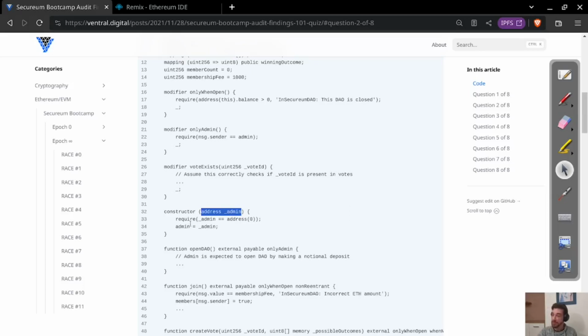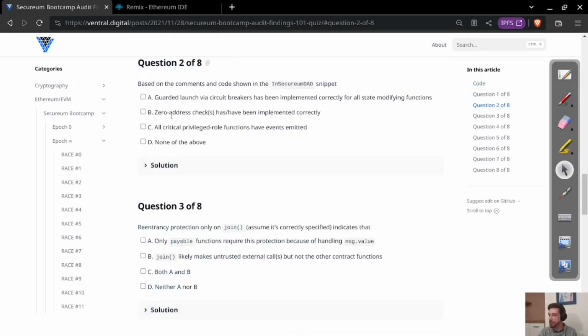And well, yes, it has a require which checks for the zero address, but it does the opposite of what a zero address check should do. It wants the admin to match the zero address. Instead, it should be the other way around. It should be unequal to the zero address to prevent an admin from being the zero address. So this is the only check that is related to the zero address, and it is certainly not true that it is correctly implemented, so B is also not a correct option.